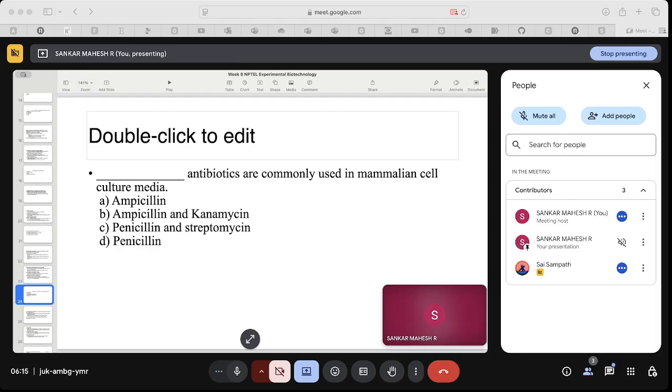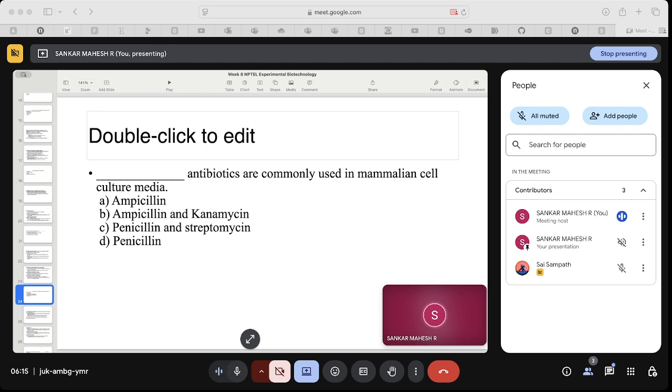Sir, for prevention of contamination we use penicillin, but ampicillin we use for selective breeding, sir. Yeah, that is true. Ampicillin, kanamycin, chloramphenicol, zeocin, we have multiple antibiotics. One reason is because you have those resistance genes in particular plasmids, and we use that.